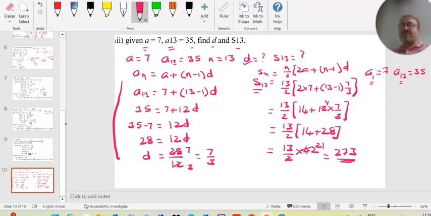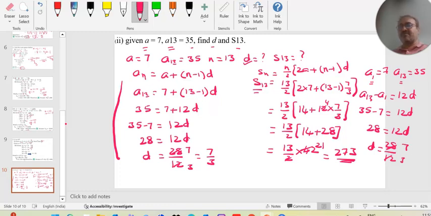So the difference between a13 and a1, 13 - 1, అన్ని d's కి ఈక్వల్గా ఉంటుందని చాలాసార్లు చెప్పాను. a13 means 35 - 7 = 12d. 35 - 7, 28 = 12d, whereas d = 28/4, 7/3.